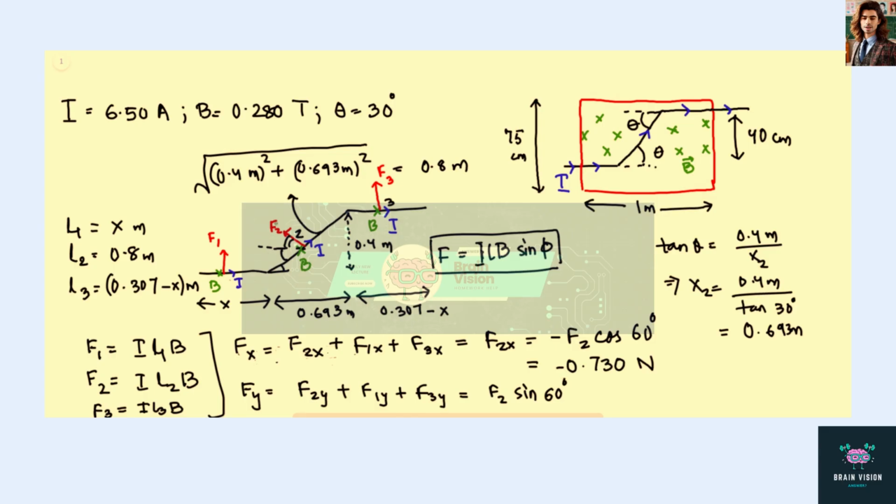It points in the positive y direction, so there is no need of a negative sign like we did here. Plus, if you add F1y and F3y, F1y is basically F1 and F3y is basically F3. Now if you add these two, you'll see that the x cancels out. So let's do that first and see.